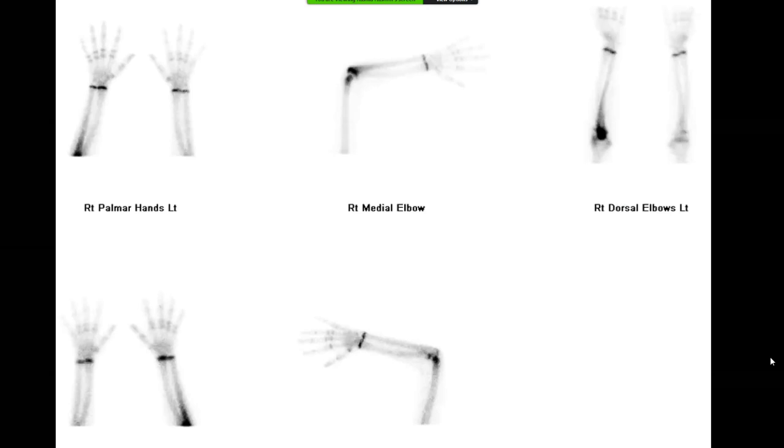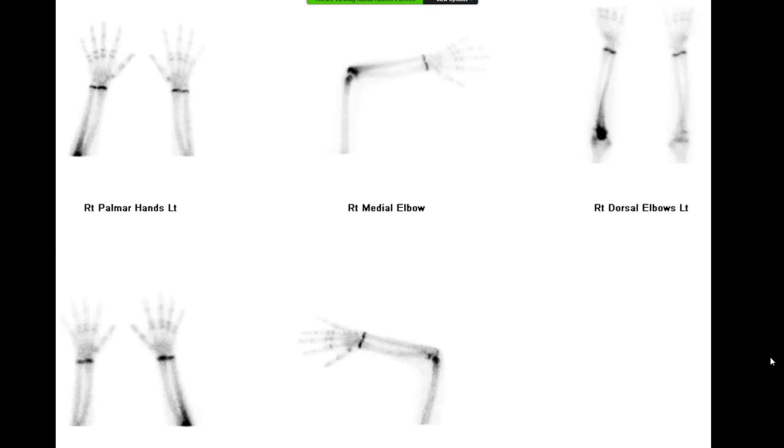I'm presented with multiple projections of an MDP bone scan focused on both elbows of a 10-month-old child who presented with a history of a fall a week back. In these images, I can see an area of increased activity in the region of the elbow joint on the right side, predominantly in the ulna, the coronoid process of the ulna.